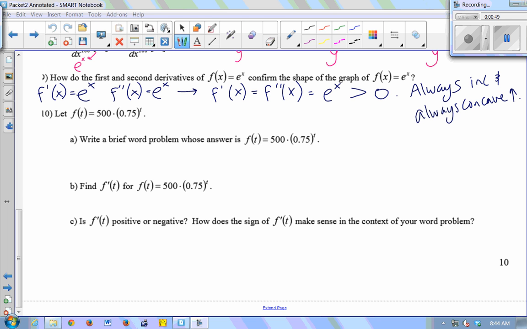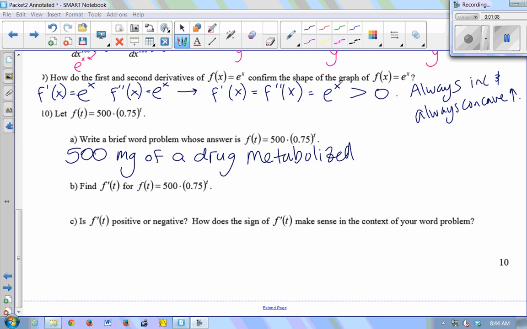So a patient ingests 500 milligrams of a drug that their body metabolizes 25% of per hour. All right, so what would f prime of t be for this function?